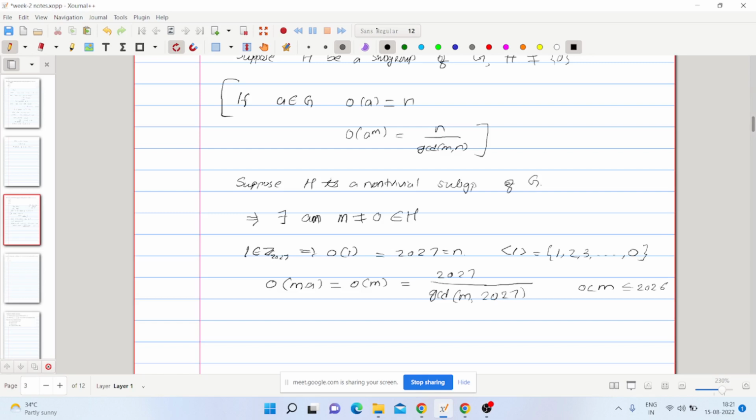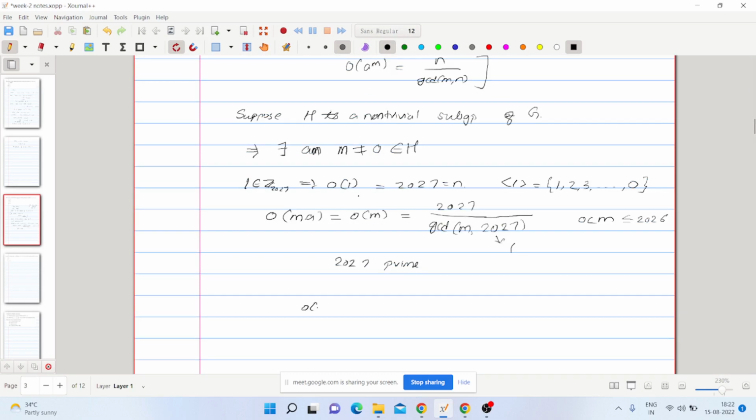So, what will be the GCD of m and 2027? Because 2027 is a prime, what will this value be? 1. Because 2027 has only 1 and 2027 as factors. So this GCD is 1.